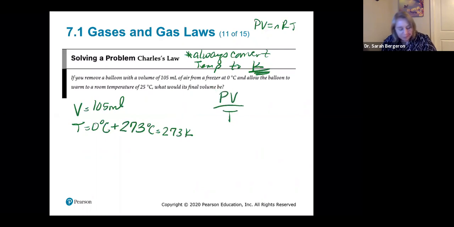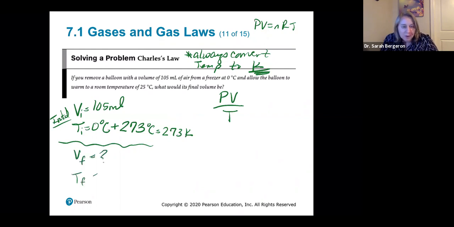Let's move this over. Okay, so this is our initial, and then we're gonna see what happens. Let's read. We want to warm the balloon to room temperature of 25 degrees Celsius. What's the volume? So volume final is our unknown. Temperature final is 25 degrees Celsius.